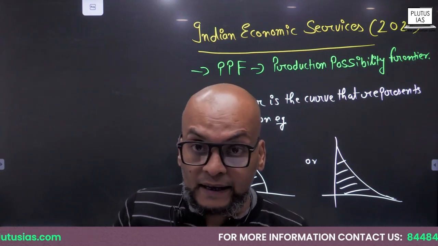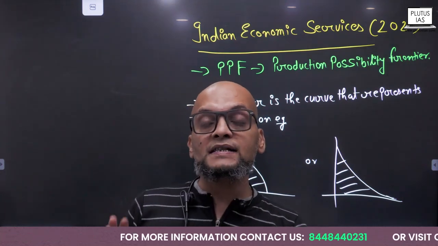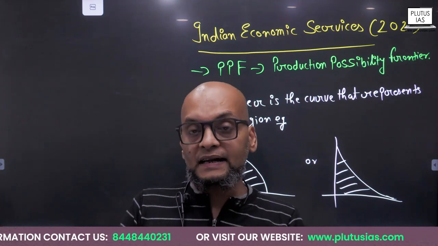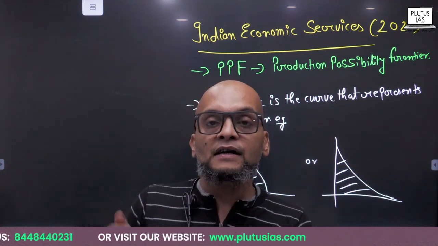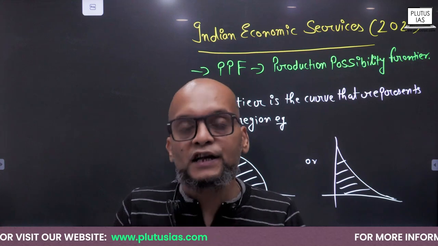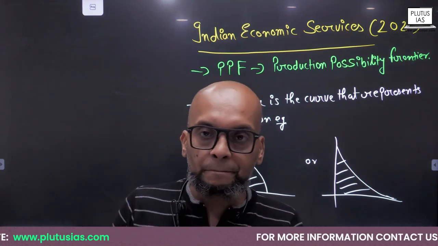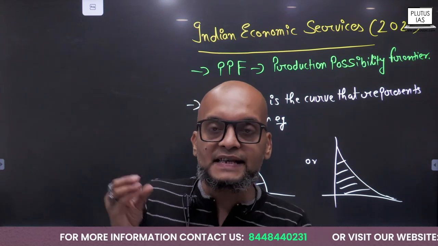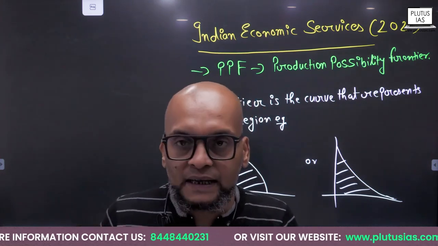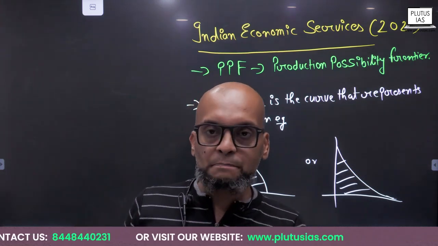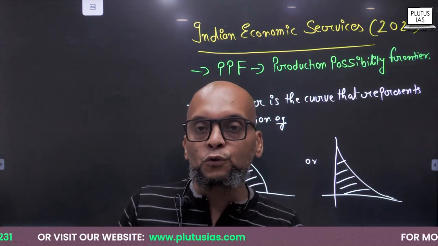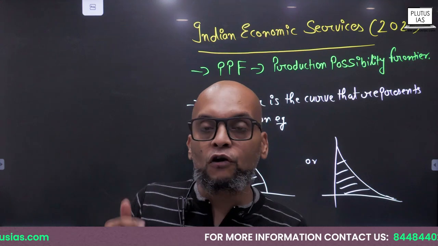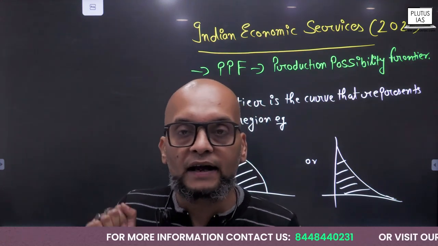Third, and again it is a fact, resources are not equally efficient. What I mean is that if I am using, let's say, resources X and Y to produce good A, and now I use the same resources X and Y to produce good B, then I cannot expect the same quantity of good B to be produced by the same quantity of resources X and Y. Why?